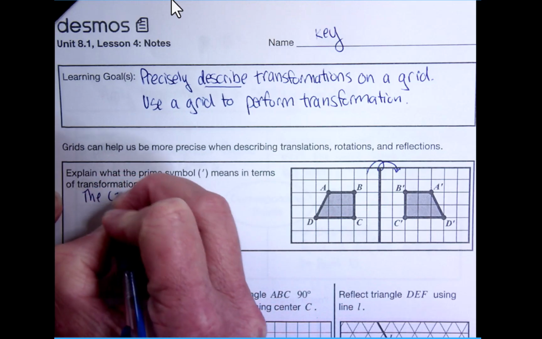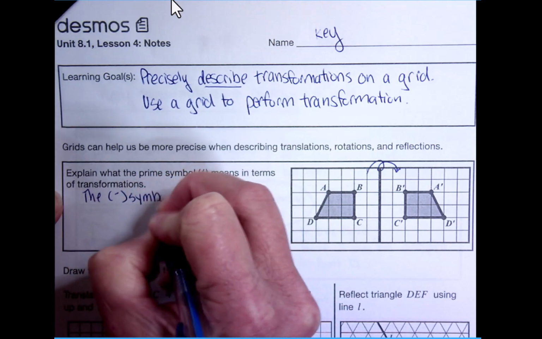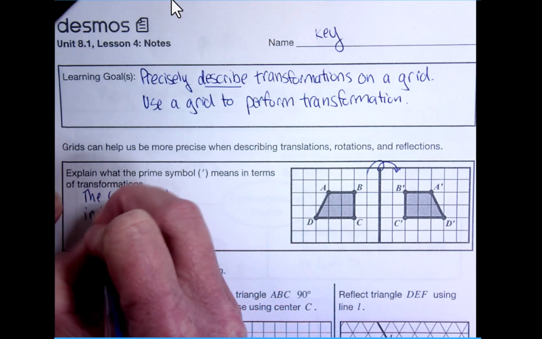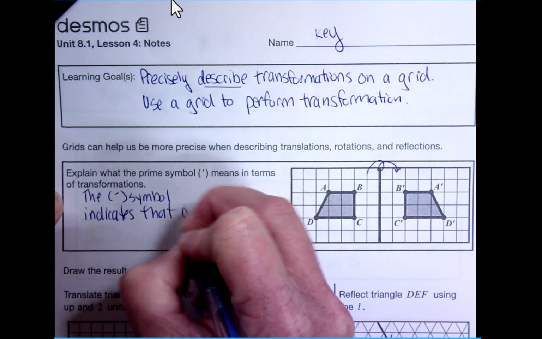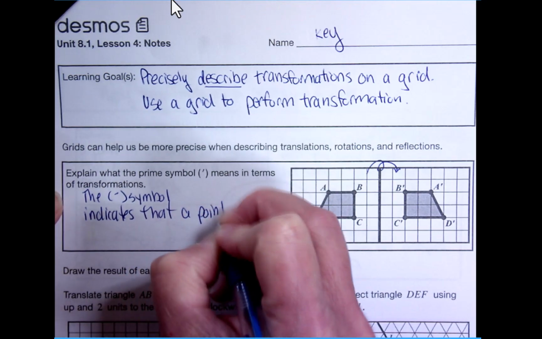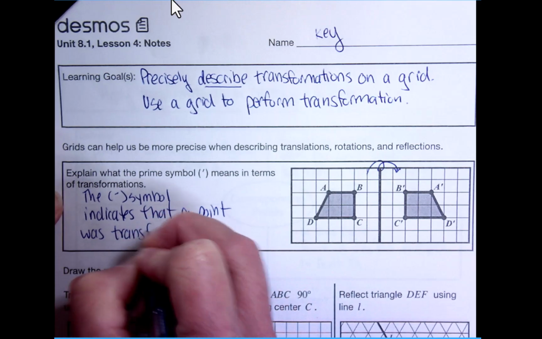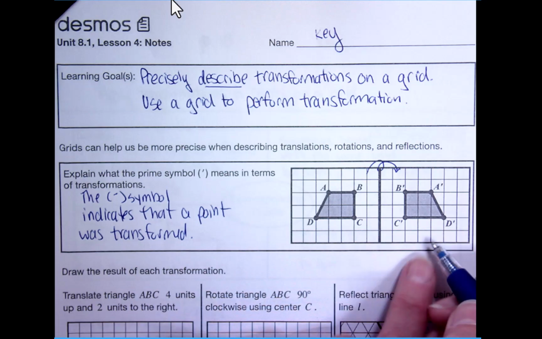So that prime symbol indicates that a point was transformed. And we'll find prime symbols on an image.